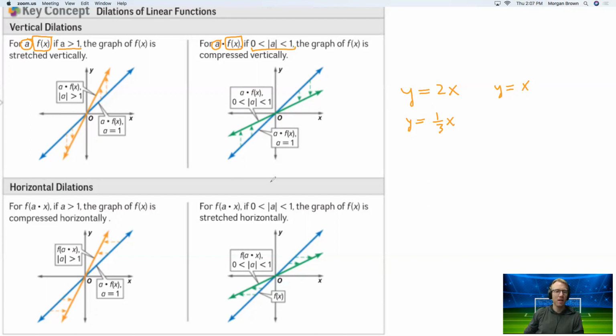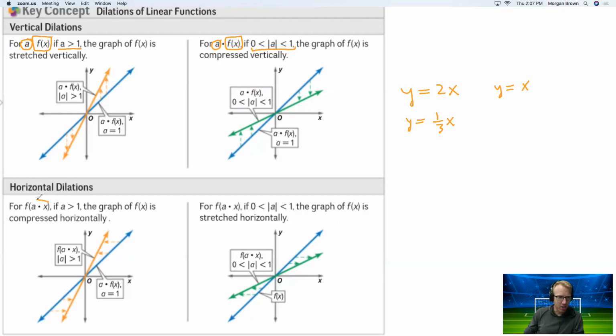Now, a horizontal dilation is the same thing but side to side. So you're either compressing side to side or stretching out side to side. But the problem is our functions are written with the y-axis as the output value, like y equals some function. So to change side to side is not quite as easy. Instead of changing the entire function, we just change the x variable itself.